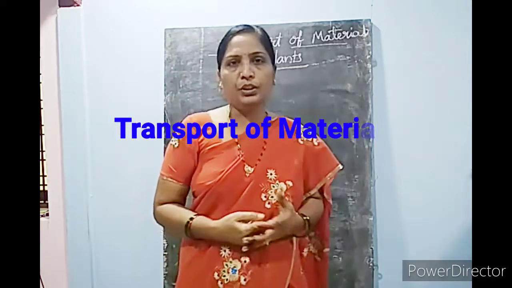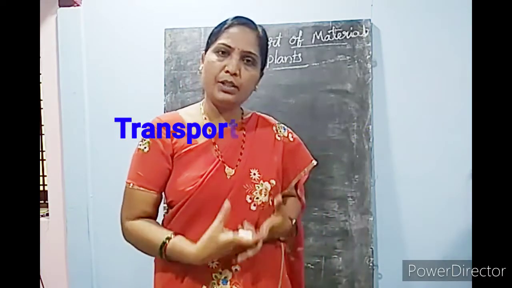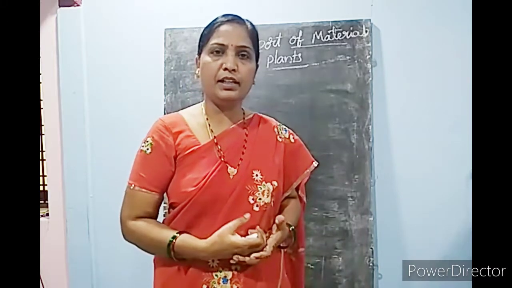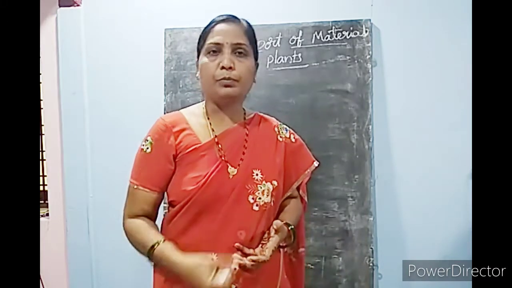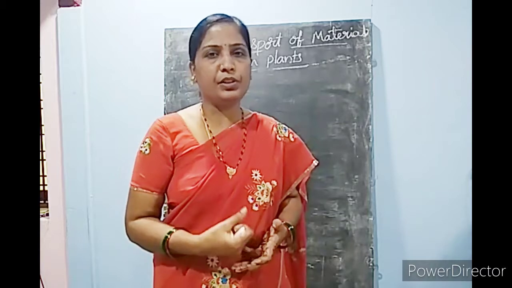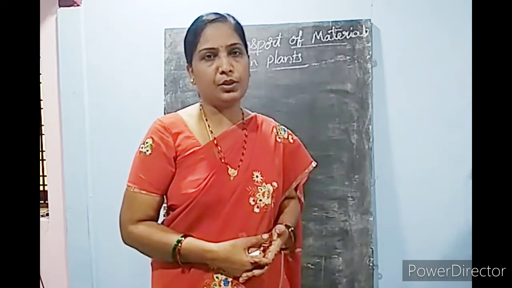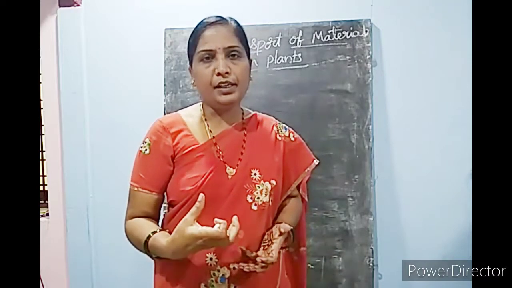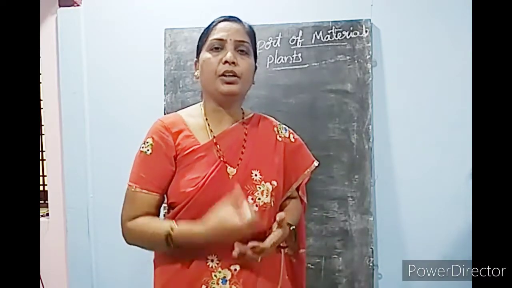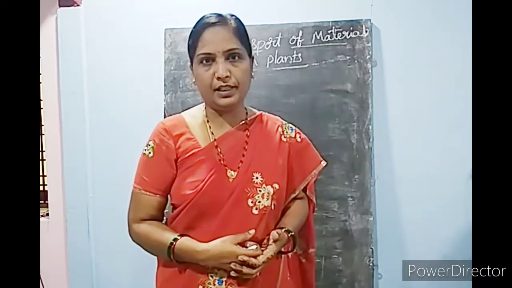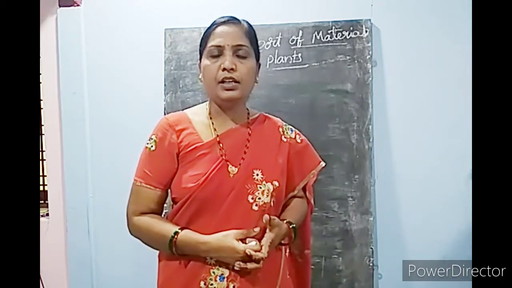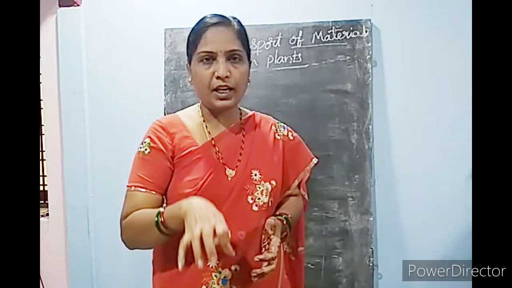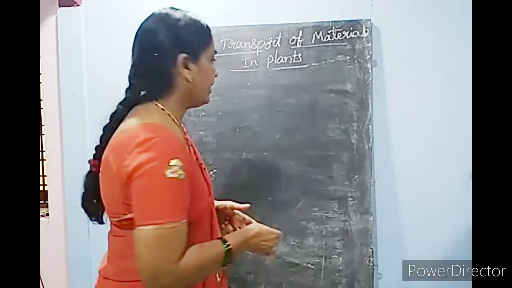You know that plants also need water, carbon dioxide and sunlight for preparing their food. They need all these raw materials, as you know very well. How are these materials transported to the different parts of the plant? In a plant, the roots are under the soil, right?